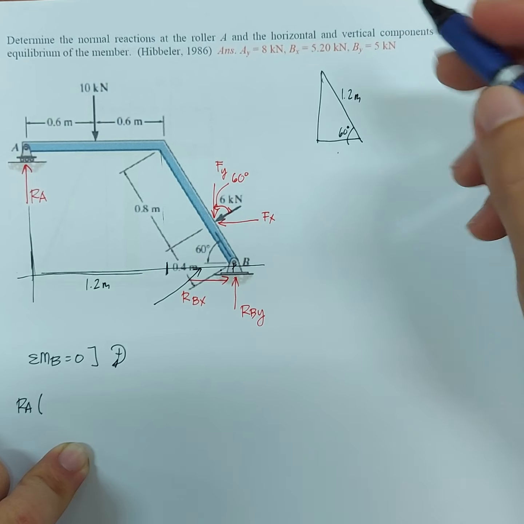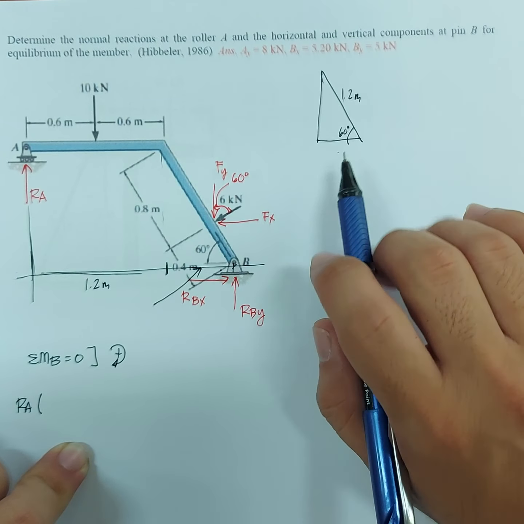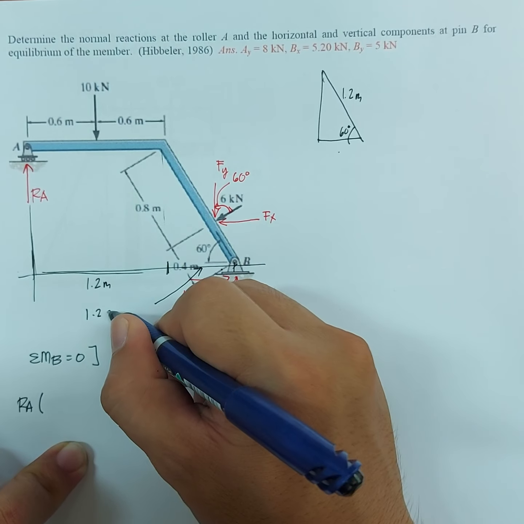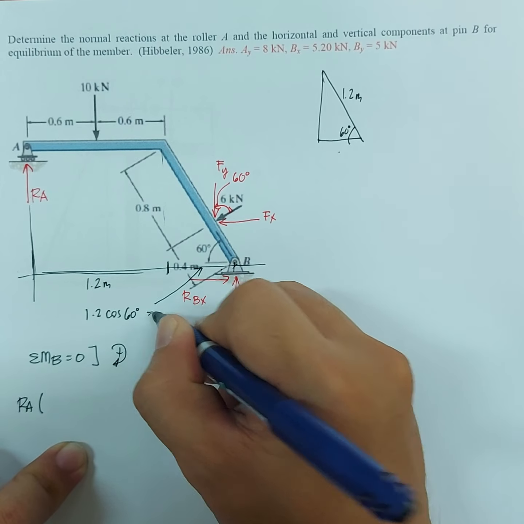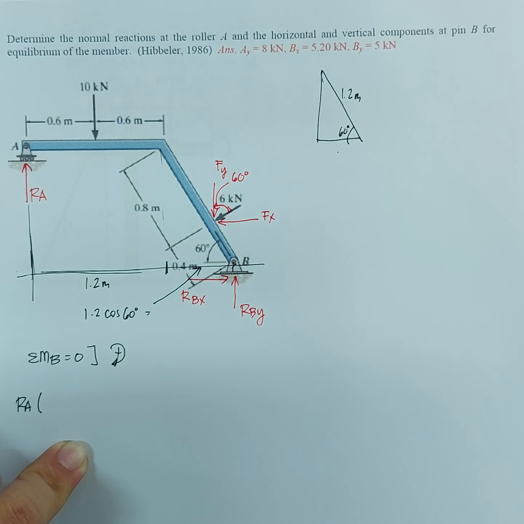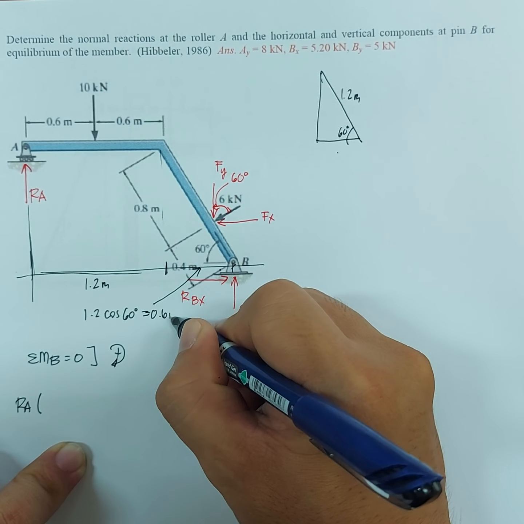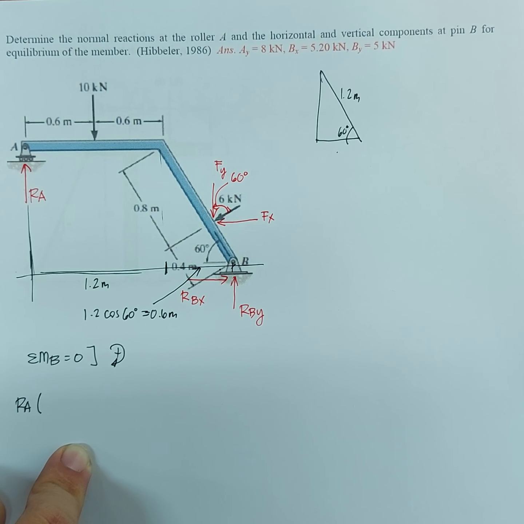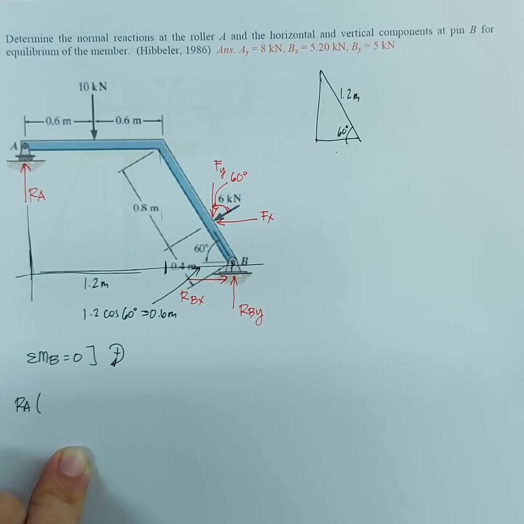So that is 1.2 cosine of 60 degrees, that is 0.6 meters.